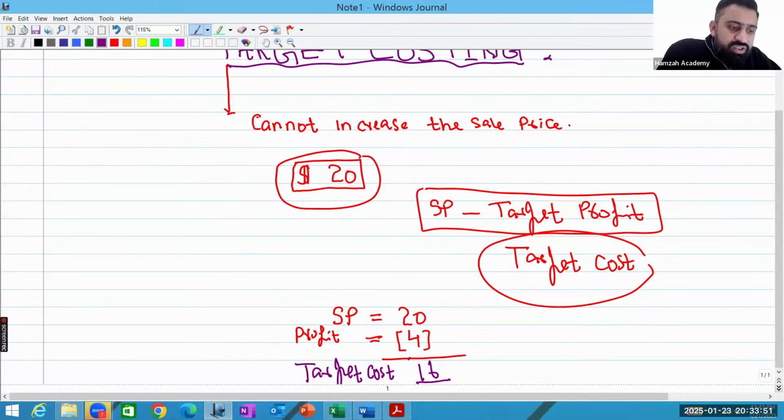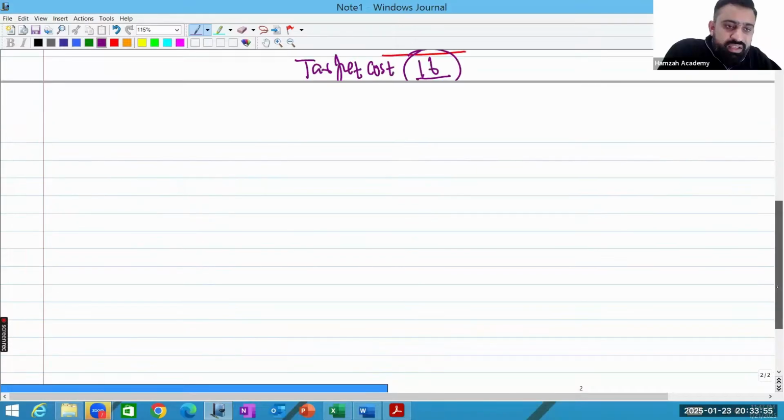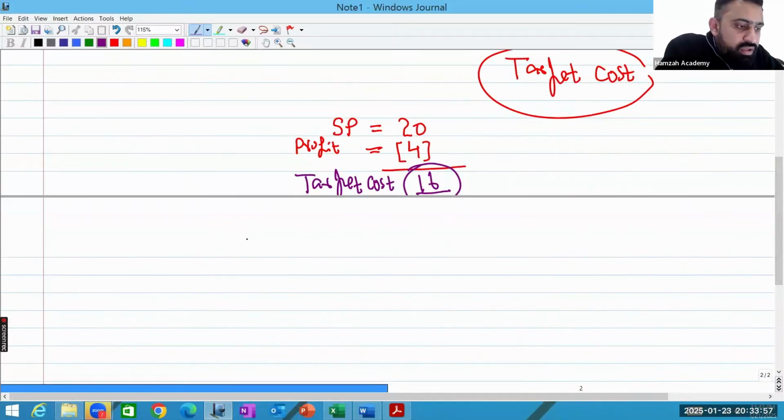Now, this is your target cost. But there is another thing in this topic that is known as a cost gap.